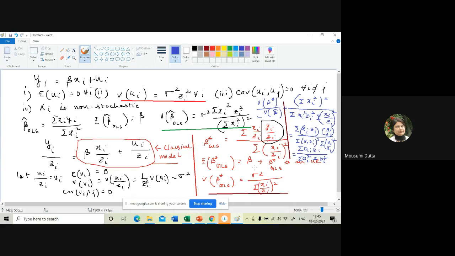Okay, I missed one whole square, I think. In the numerator, I had summation xi square whole square of that. So I missed one whole square. Nobody told me.